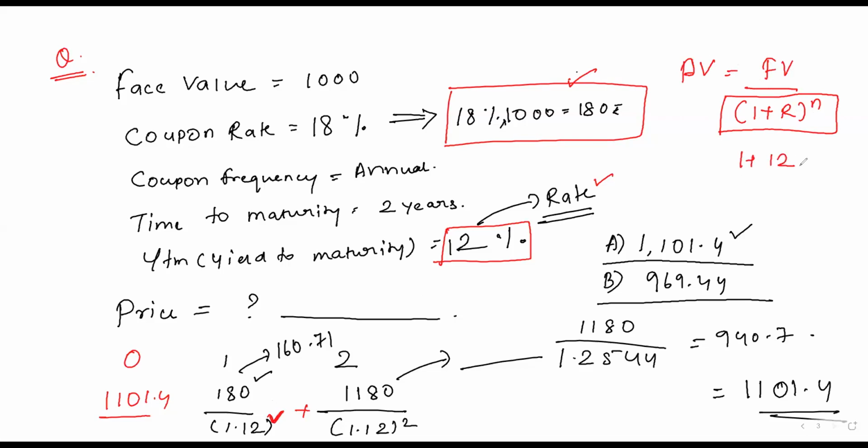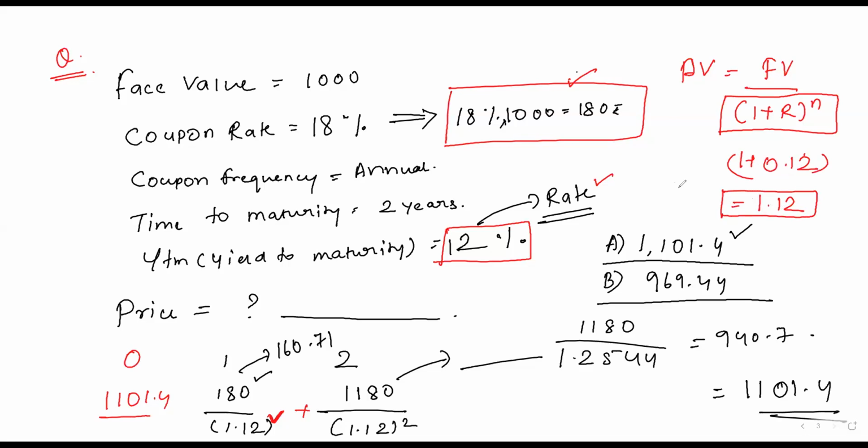What is percentage? Percentage is nothing but number divided by 100. So 12% is nothing but 0.12. 12 divided by 100 would be 0.12. So 1 plus 0.12 will give you 1.12.